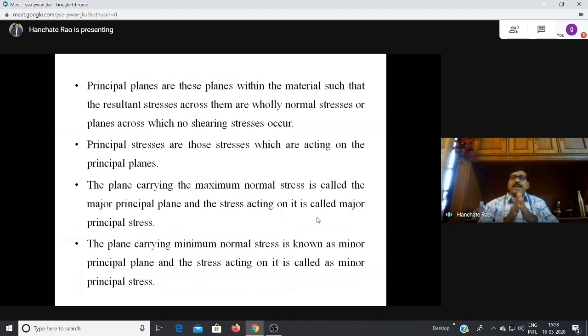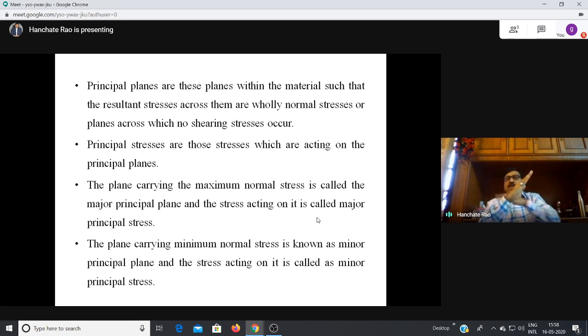A principal plane. So I hope you understand. If you consider any inclined plane, generally we have a normal stress and we also have a tangential stress. So if the tangential stress is 0, such a plane is called a principal plane. That means in the case of a principal plane, the only stress is normal stress.